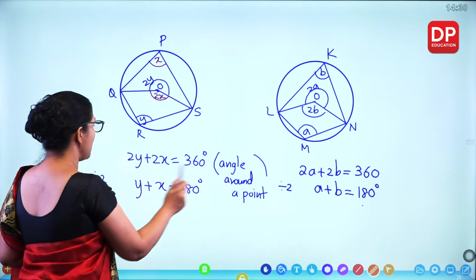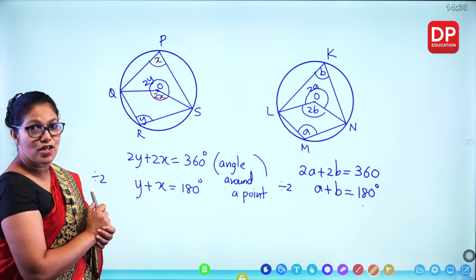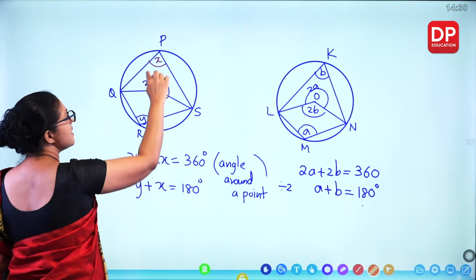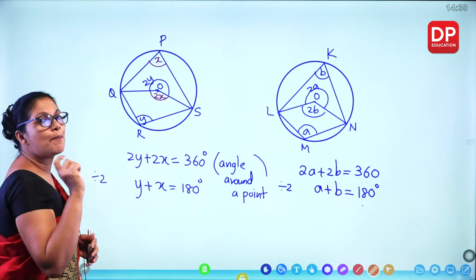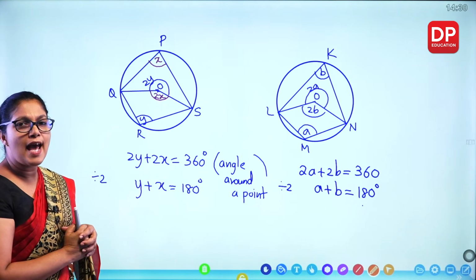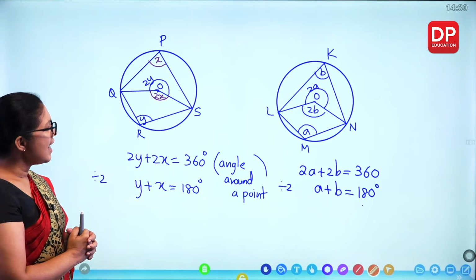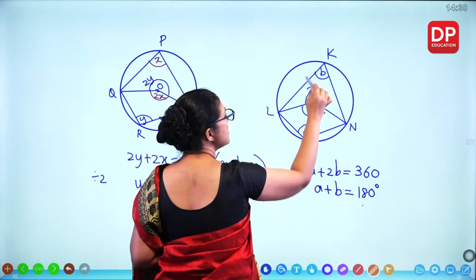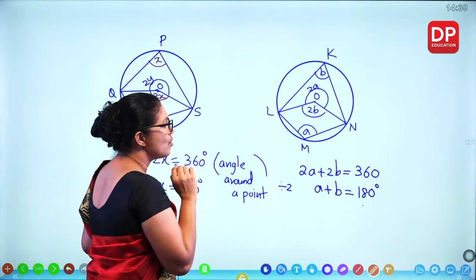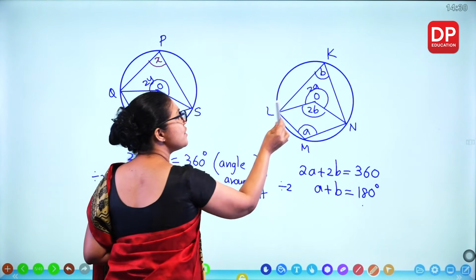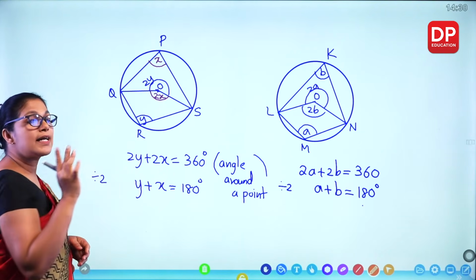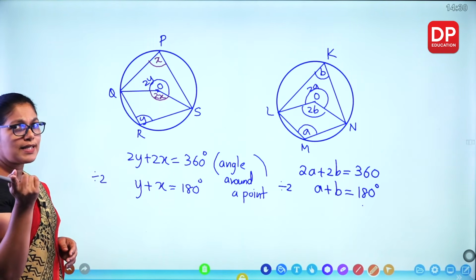So what's the important information we got from here? The opposite angles are supplementary. Supplementary means add up to 180. Here also A and B are opposite angles, add up to 180. What about the other opposite angles? We know that the sum of angles in a quadrilateral is 360.